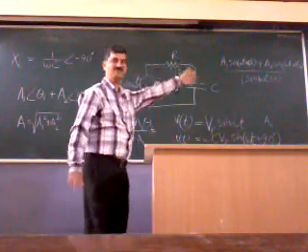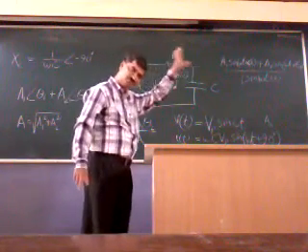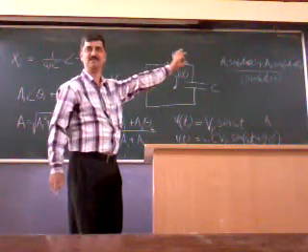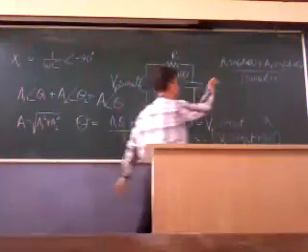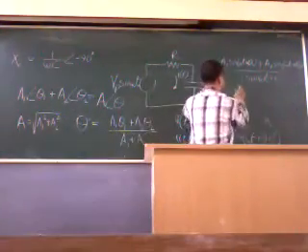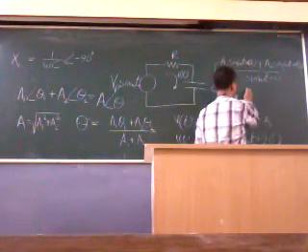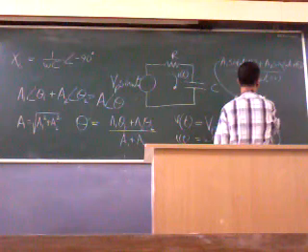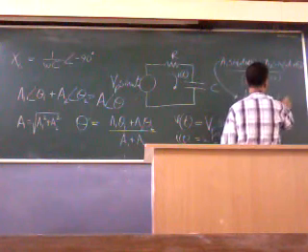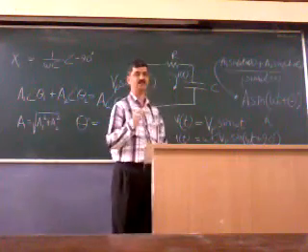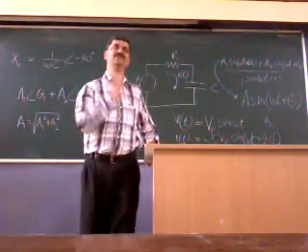Because the denominator is the same, I have purposefully chosen it to be sin omega t, for which the amplitude is 1 and phase shift is 0. So A1 sin omega t plus theta 1 plus A2 sin omega t plus theta 2 can be expressed as A sin omega t plus theta. And what is A? What is theta?